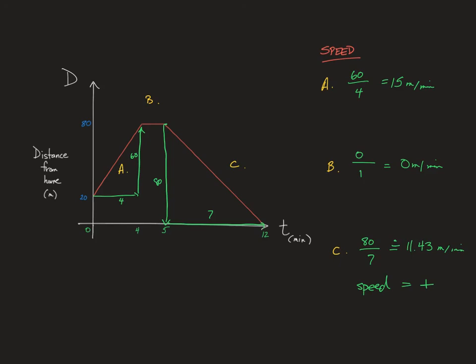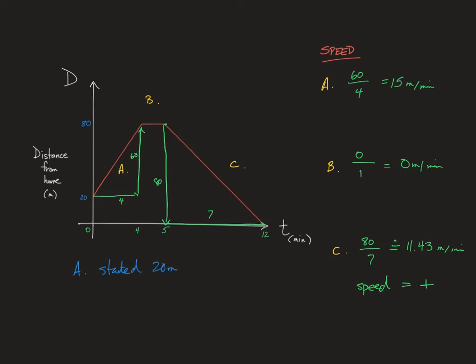Okay, the last thing that I want to notice is we could actually describe the motion in this case. If you were to give me some sort of explanation for what that graph would represent, we could say that in segment A, our distance increased from home. And so therefore, we started away from home.